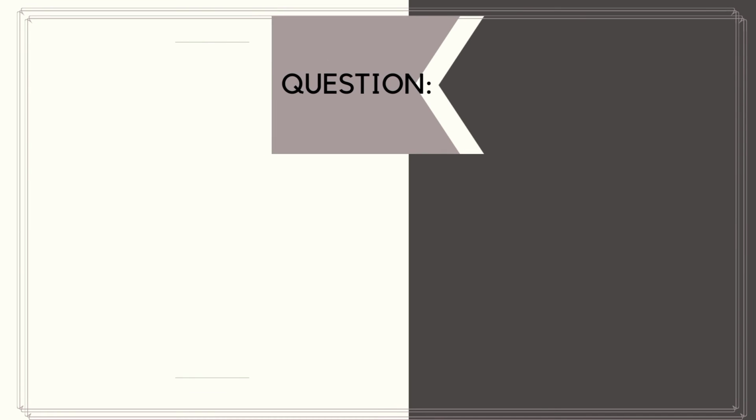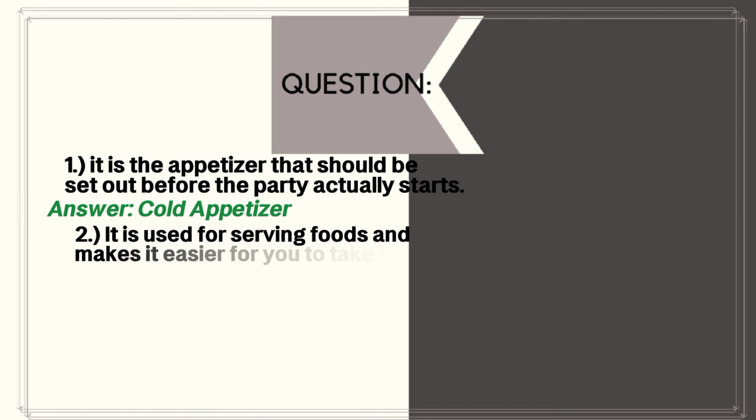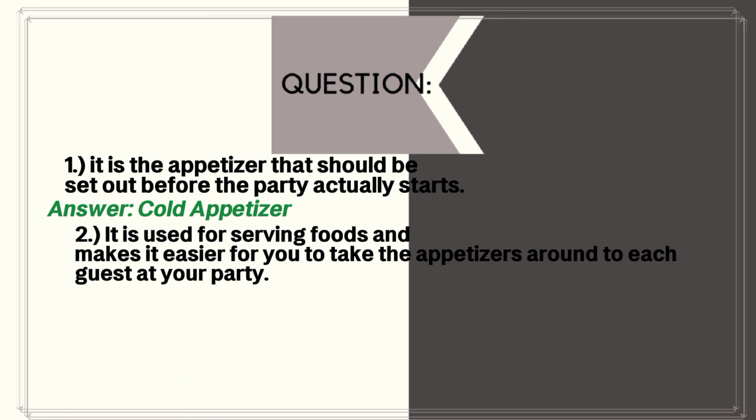Now for another question, we're going to proceed to answering the questions we prepared for you. Number 1. It is the appetizer that should be set out before the party actually starts. Raise your hand as well if you want to answer. The answer is cold appetizer. Number 2. It is used for serving foods and makes it easier for you to take the appetizer around to each guest at your party.